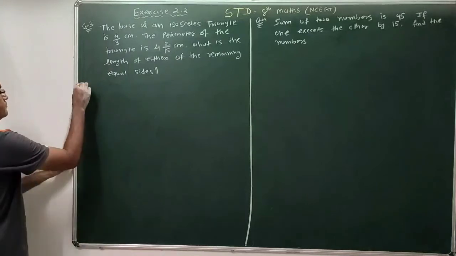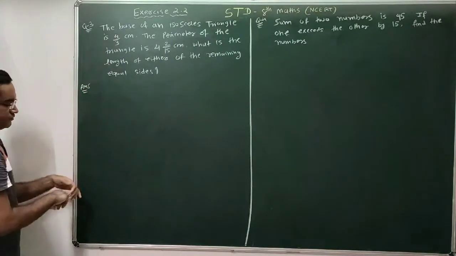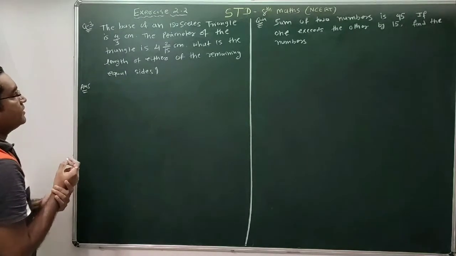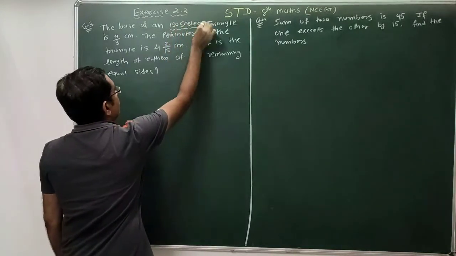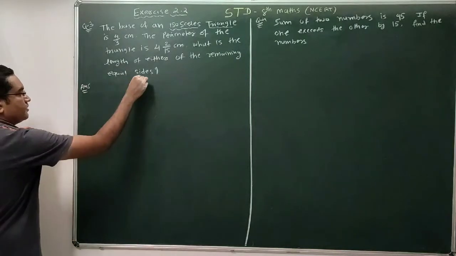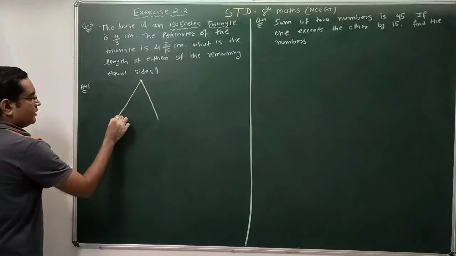Question number 3. What is given in question number 3? The base of an isosceles triangle is 4 by 3 cm. So an isosceles triangle is given. So what is this isosceles triangle? An isosceles triangle is the triangle in which two sides are equal.